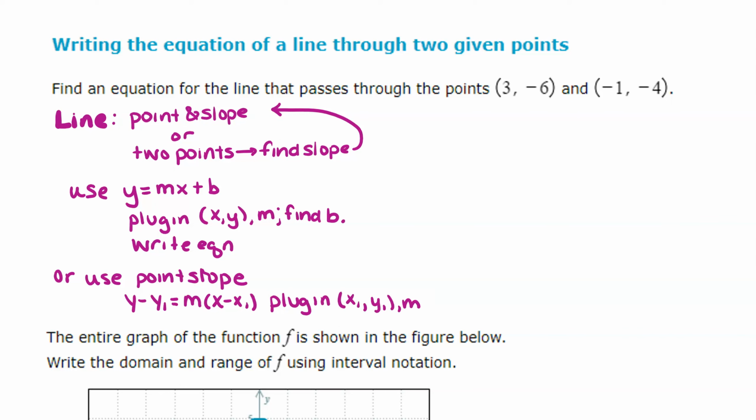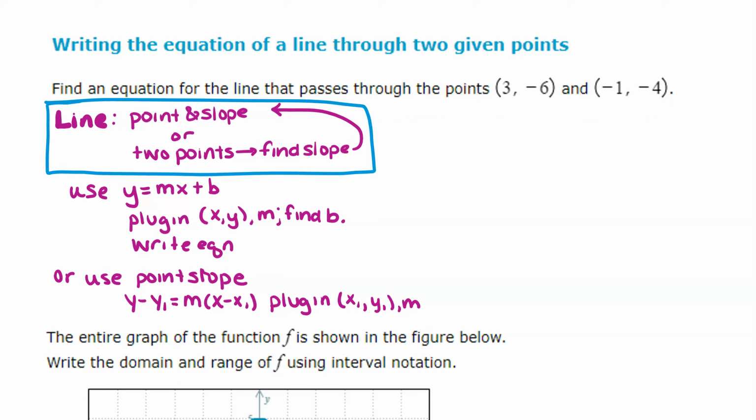So either way, whatever you're given, right? You're either given 2 points or you're given a point and a slope. If you've got 2 points, find the slope, and then now you have a point and a slope. And then you can use either option A here, where you're using y equals mx plus b, or you can use option B, which is the point slope form.